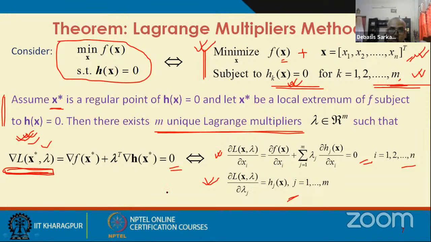So if you solve these two equations simultaneously, you will obtain, for this particular case, x1, x2 up to xn and lambda 1, lambda 2 up to lambda m, that minimizes the Lagrangian function.